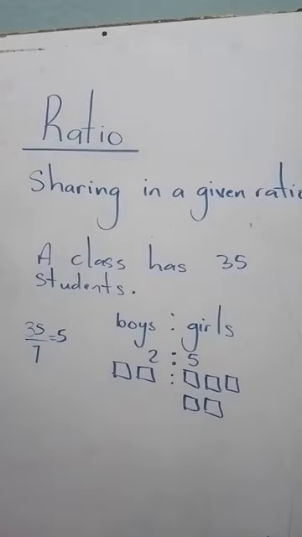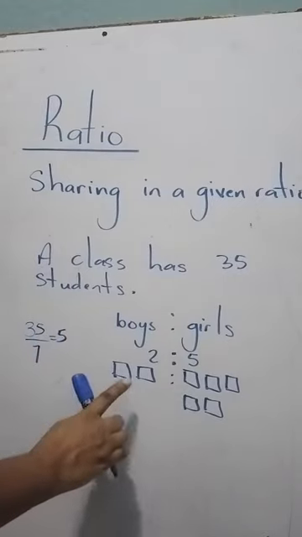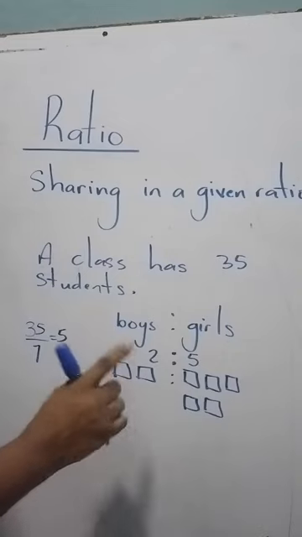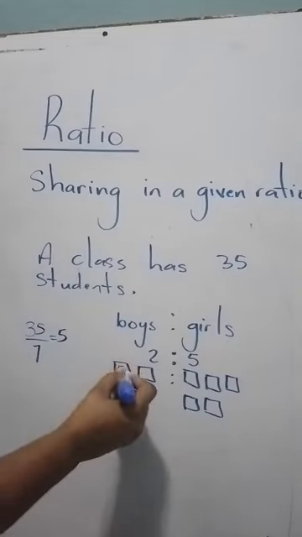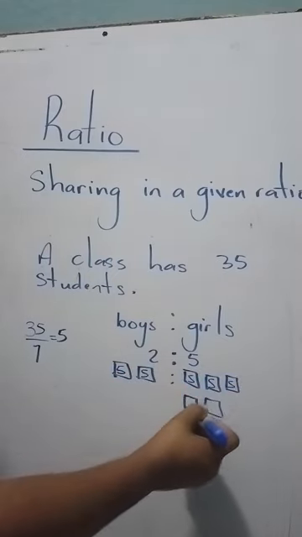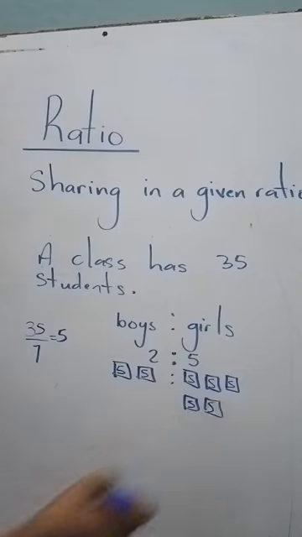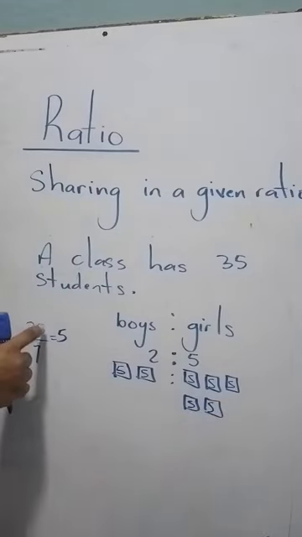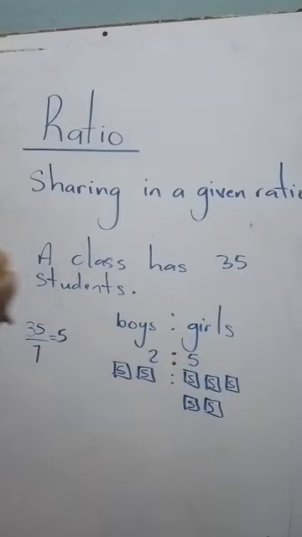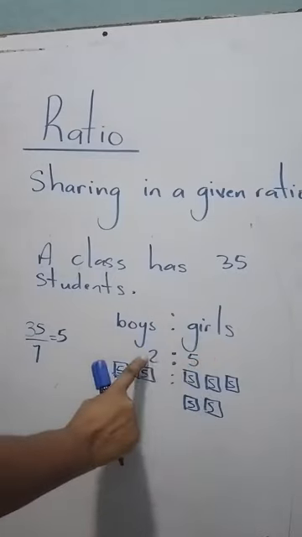What does that mean? When I share, each part, each group will now have 5, 5, 5, 5, 5, 5, 5. Equality allows me to do that because if I divide the class to boys to girls, in total the ratio is saying 2 to 5.